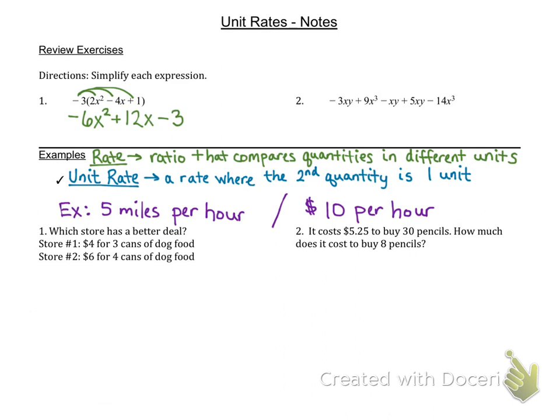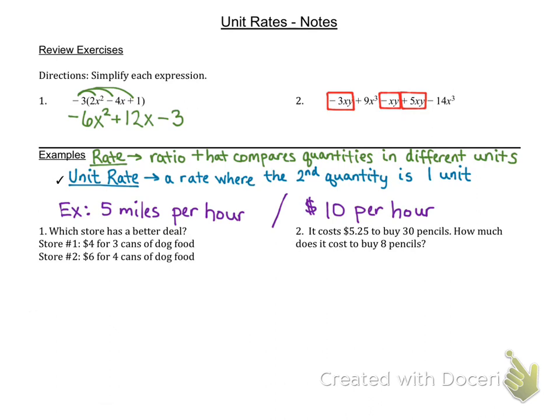Number 2. For this one, we want to combine like terms. So I want to find everything that has the term xy in it. Right now I'm putting a box around everything that has xy in it and the sign in front of the number.